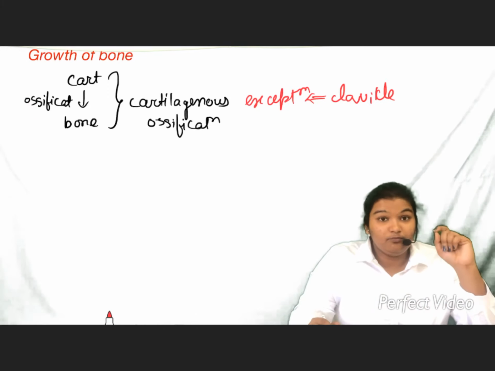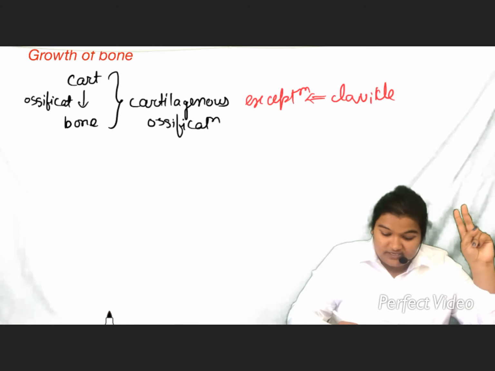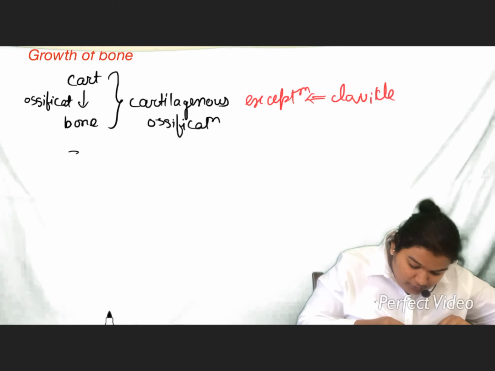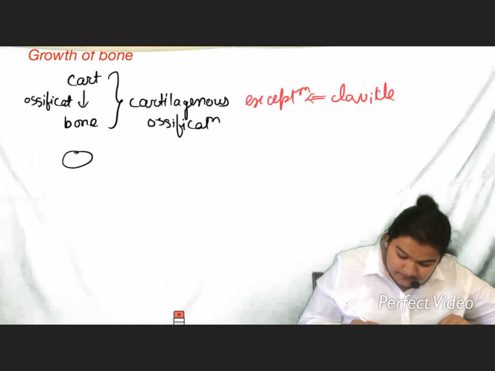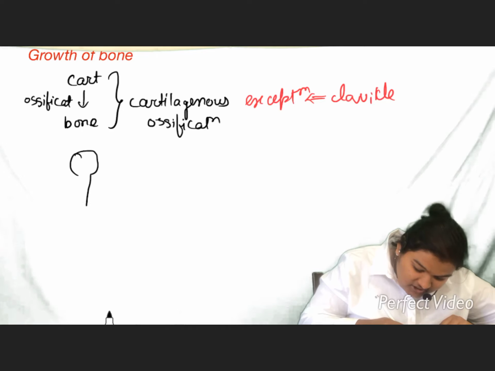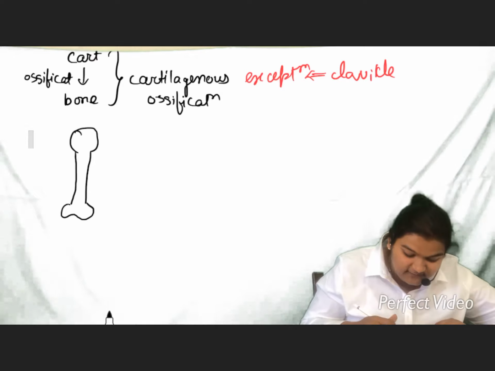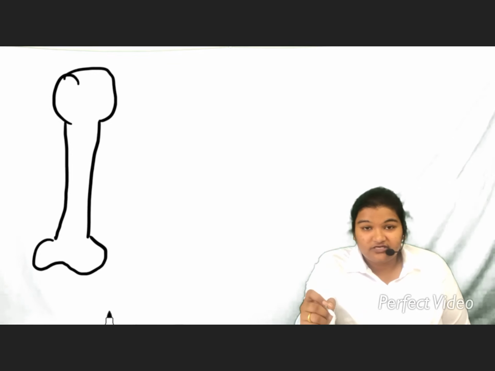Now, whenever a bone ossifies, there are two types of ossification center. Taking this as a long bone, here we have the epiphysis, then the diaphysis, and then the other epiphysis. The first ossification center appears in intrauterine life, and that is the primary ossification center.